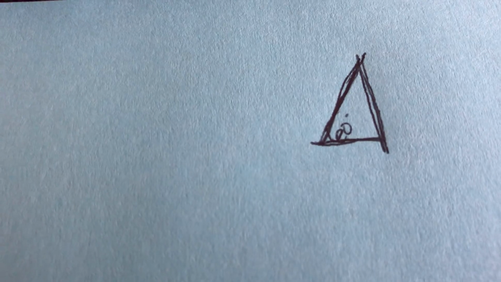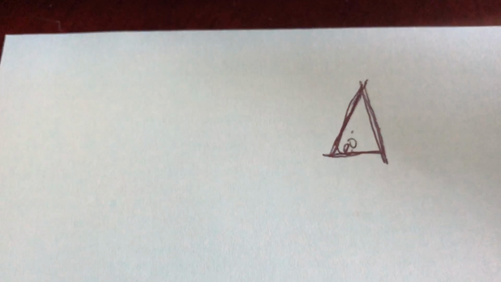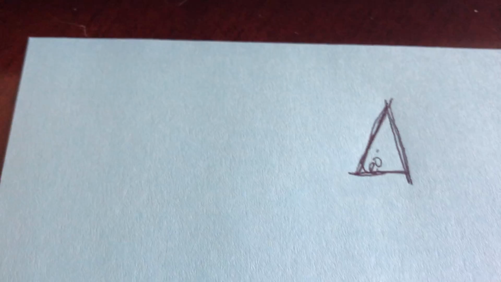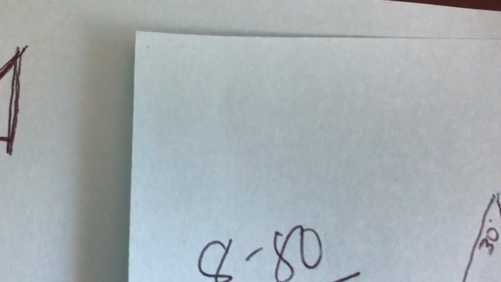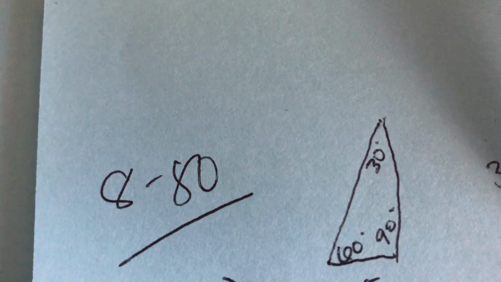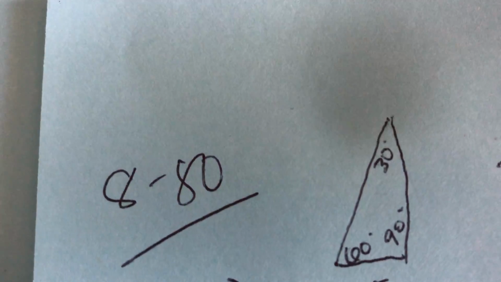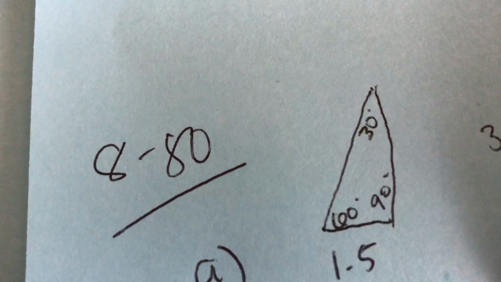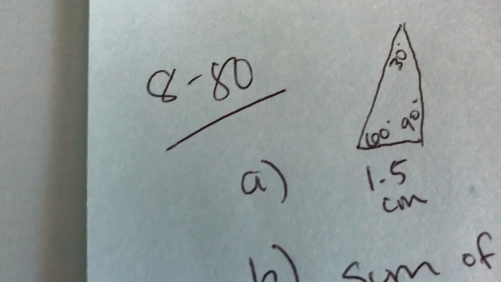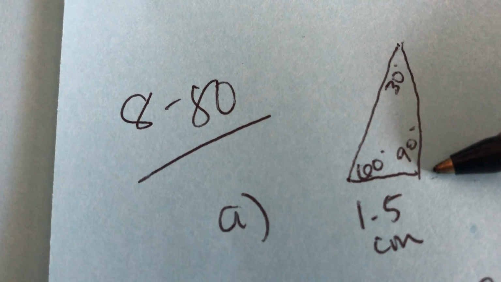And then it wants us to figure out what the rest of the angles would be. If you don't have a protractor at home, you can just follow along with my little triangle. I'll show you the one that I did last week. It's a very poorly drawn triangle, because obviously that 90 degrees does not look very 90 degree like right there.